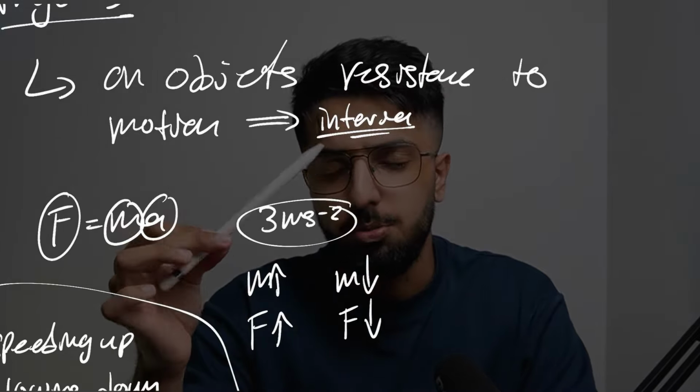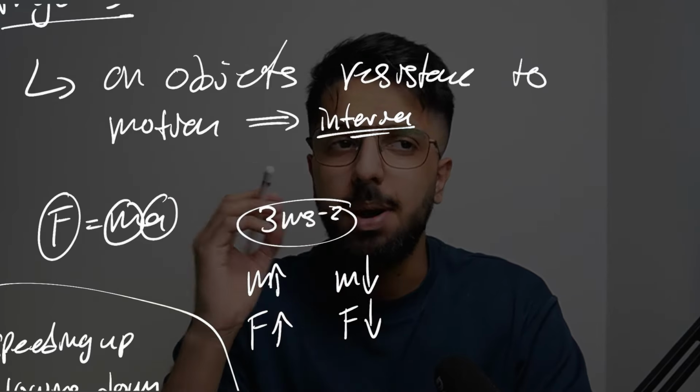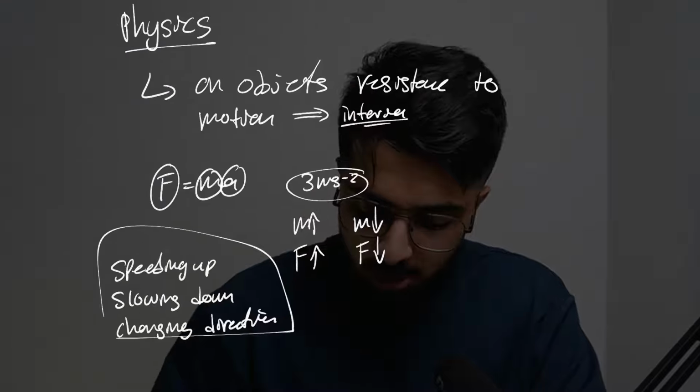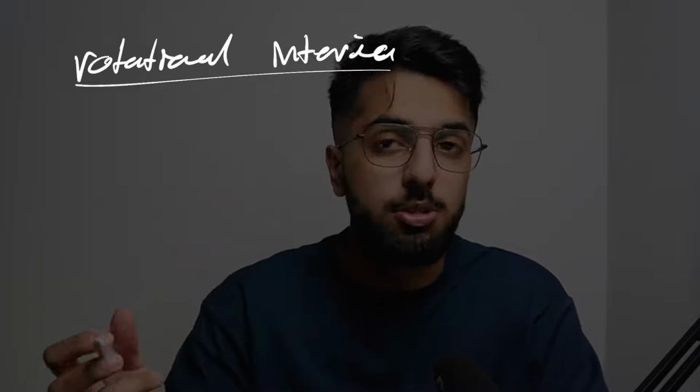Now, it's important to note that mass and inertia are not the same thing. However, mass is a measure of an object's inertia. So, for rotational motion, we want to look at an object's rotational inertia. Right? And so our rotational inertia is an object's resistance to changes in rotational motion.